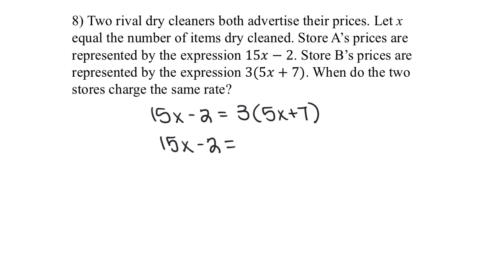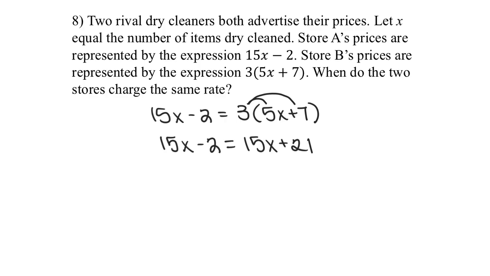And then 3 times 5x is 15x. Now, hold up a second. What is the 3 times the 7 on the distributive property? 21.